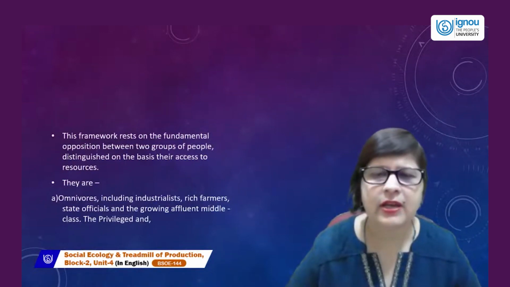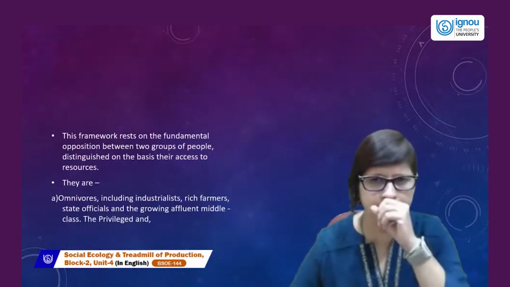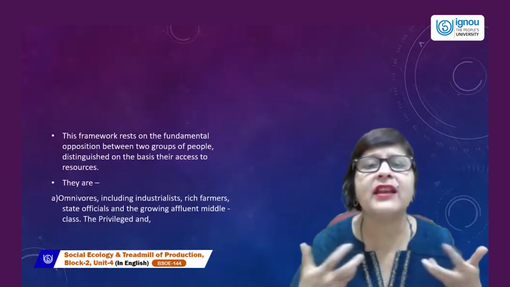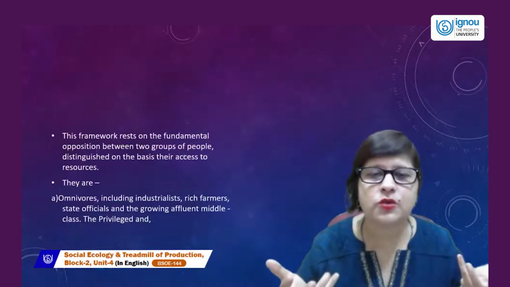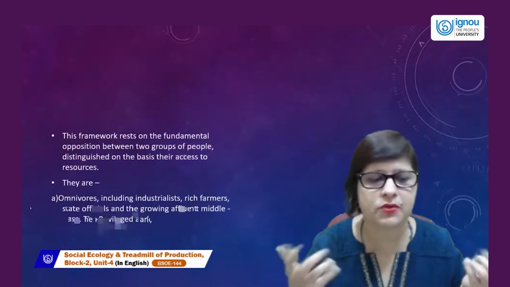The framework is based on two groups of people who are opposite to each other. And why are they opposite to each other? Because of their access to the natural resources.